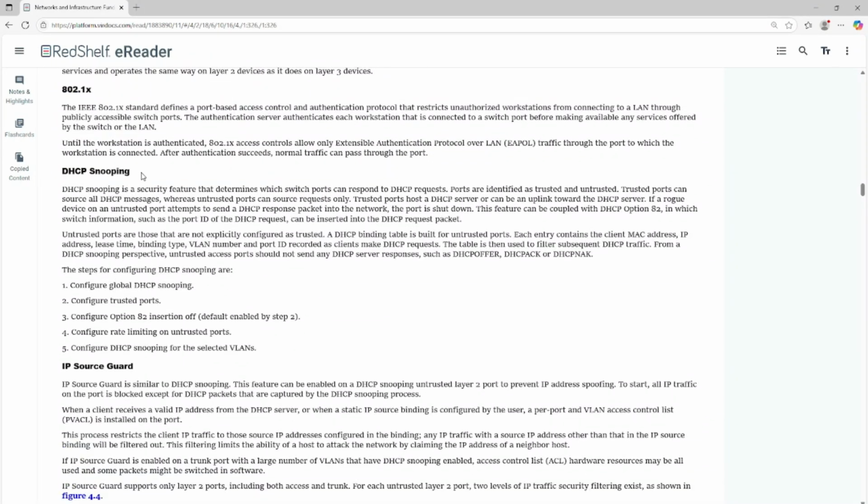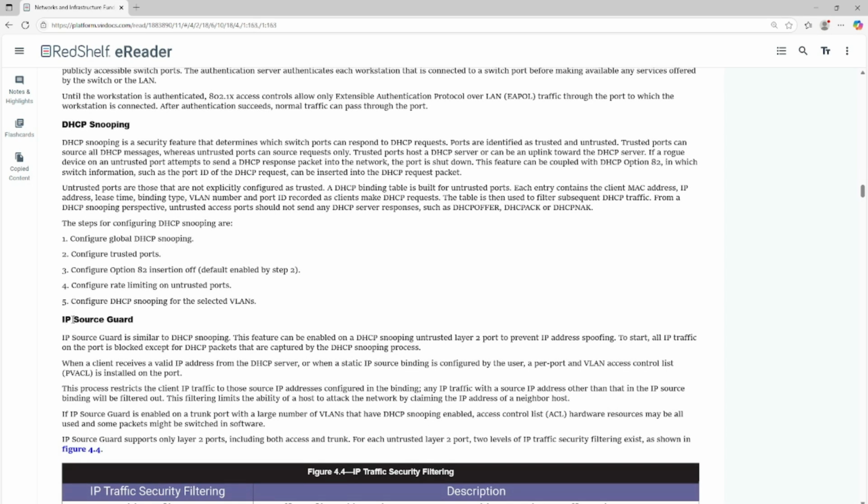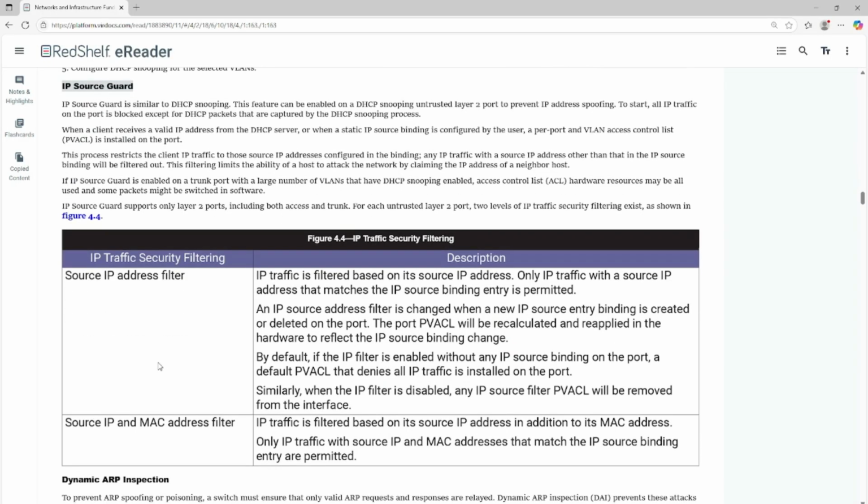Get a better understanding of what DHCP snooping is all about and what IP source guard is all about. Read that. It's self-explanatory. Figure 4.4 shows IP traffic security filtering.